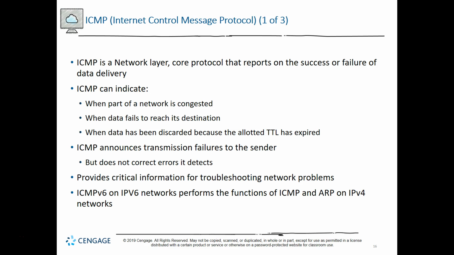When it dies, it sends back to the sender a message saying your packet died. That's the basis for the traceroute that we did. So when data doesn't reach its destination, or it fails, or there's network congestion, that's how we can reroute in some cases. It doesn't directly reroute everything, so we have to have some other pieces in place.